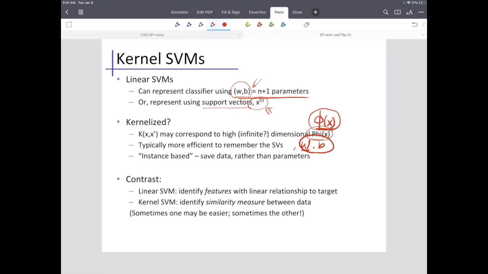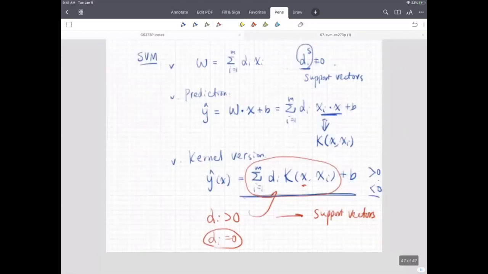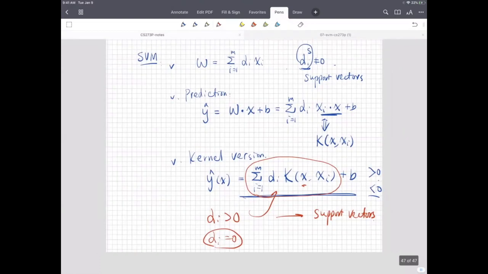So the only way to memorize the model is to be instance-based: essentially just memorize the support vectors. Save the data instead of the parameters, because you cannot write down the parameters w and b. If you go back to the models I have shown you, w and b correspond to these here.